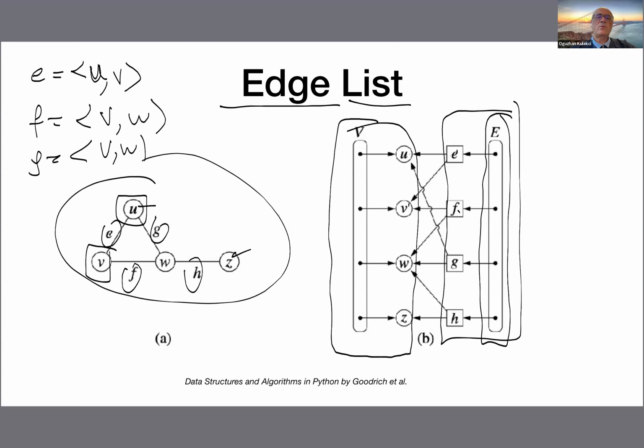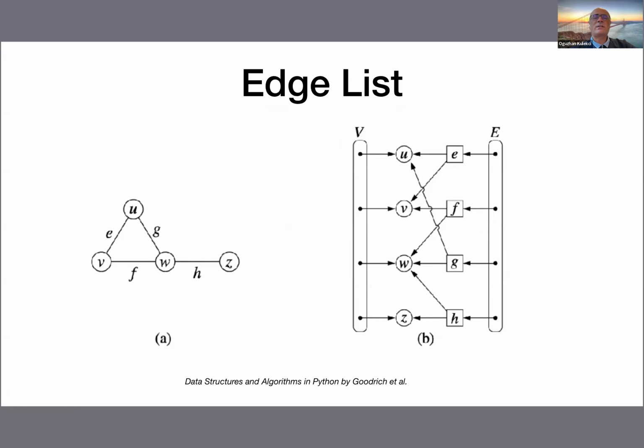If I would like to get the end nodes of F, I should go to the edge list, find F, and read the corresponding endpoints. Usually, the edge list representation is rarely used in practice, so it is a very basic representation.